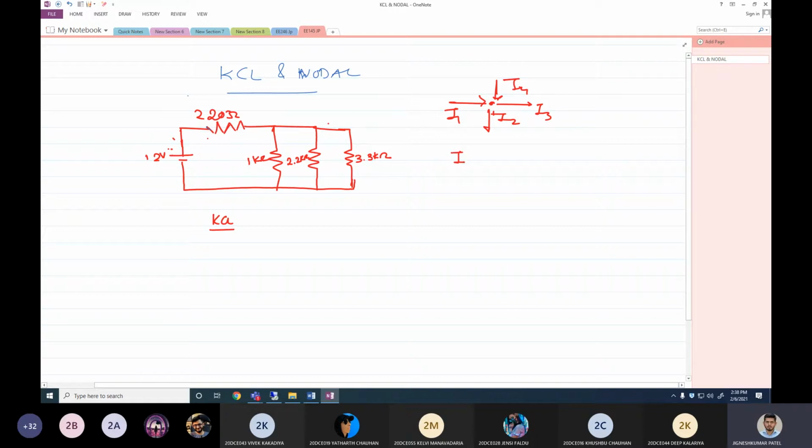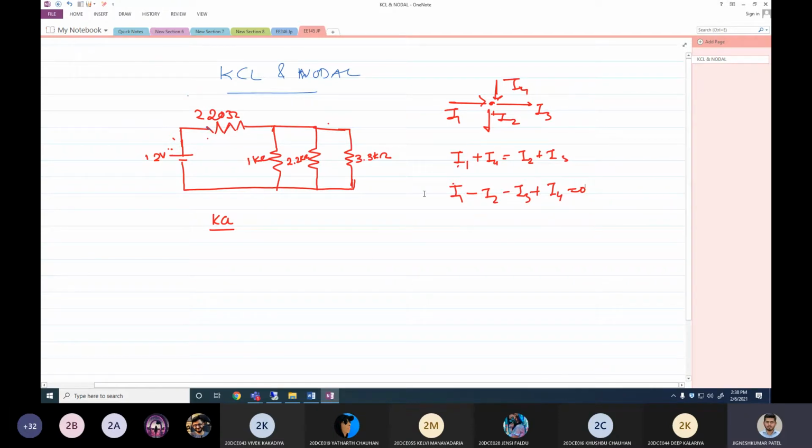You can state it as I1 plus I4 is equal to I2 plus I3, or I1 minus I2 minus I3 plus I4 is equal to 0. These are the two ways that you can state this.